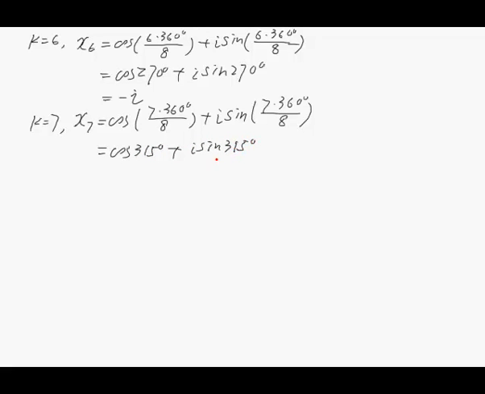The reference angle is still 45 degrees, and this is in quadrant 4, so cosine is positive. So you have the cosine of 45 degrees, and the sine is negative, so you get minus i times sine of 45 degrees. And then finally we have root of 2 over 2 minus root of 2 over 2 times i.